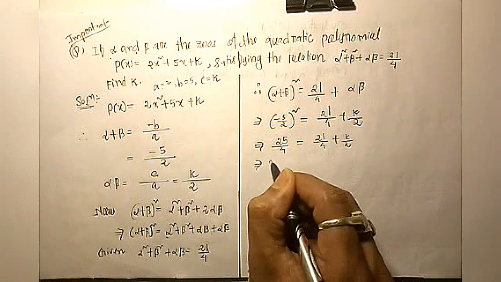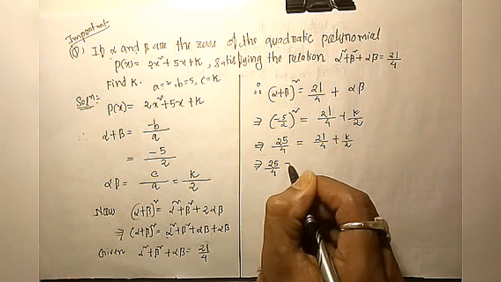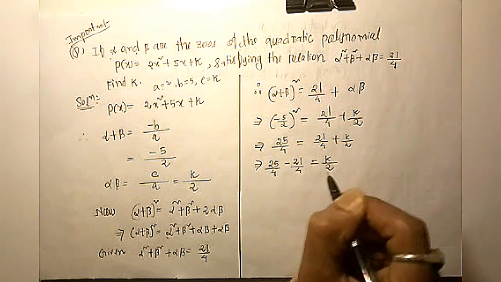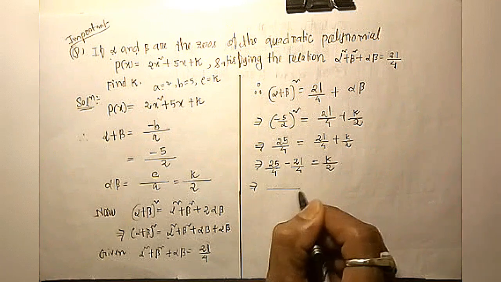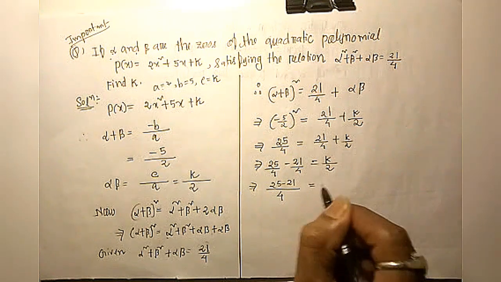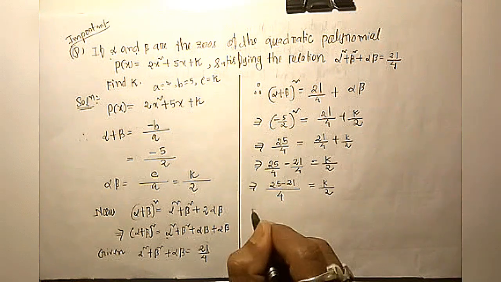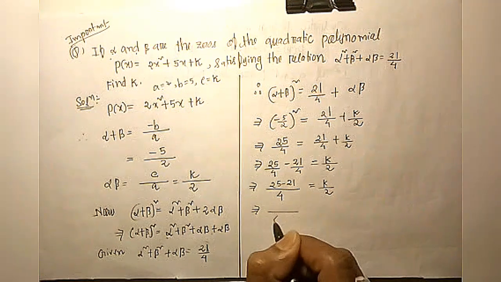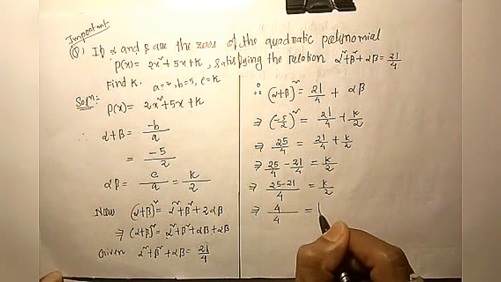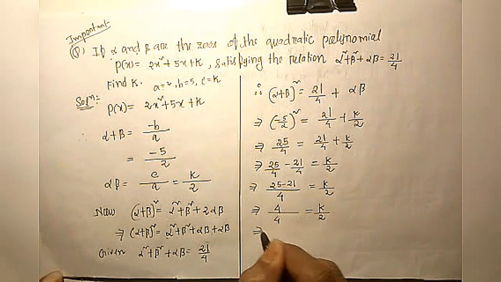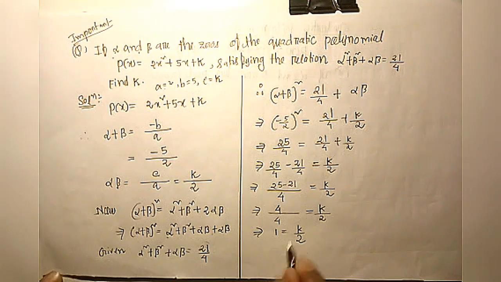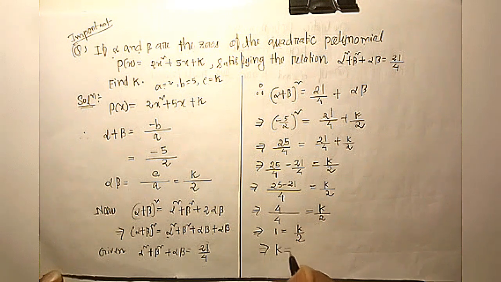Transposing 21/4 to the left hand side, 25/4 minus 21/4 equals k by 2. So 4 is the LCM, 25 minus 21 is 4. 4/4 equals k by 2. 4 by 4 means 1, so k by 2 equals 1, which implies k equals 2.